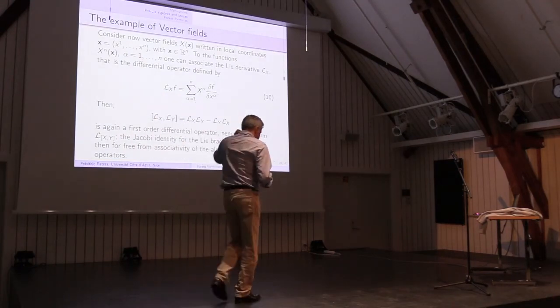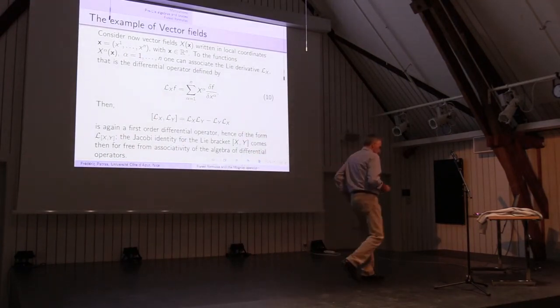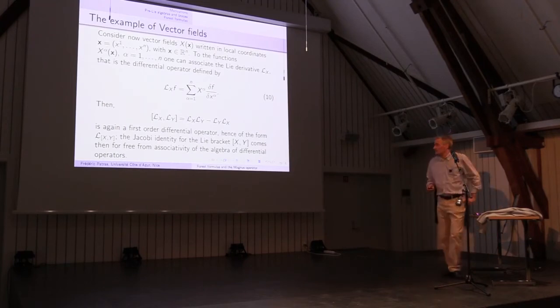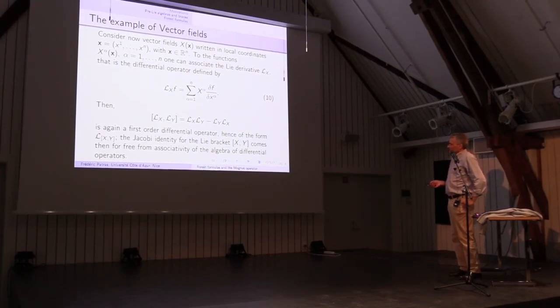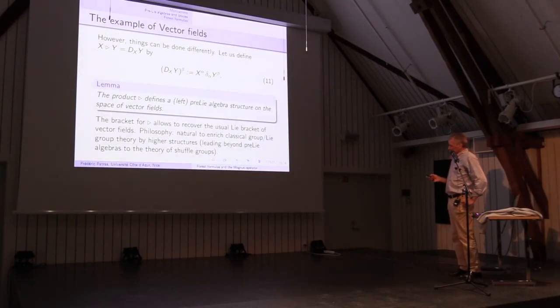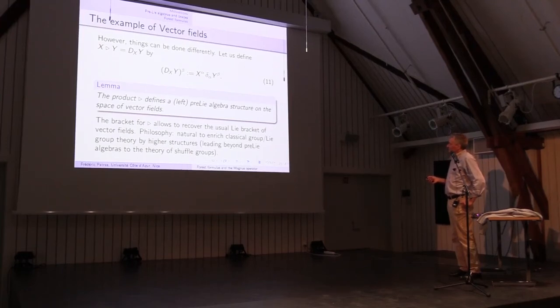So one of the reasons why Pre-Lie algebras are important and appear everywhere is that they are closely related to the notion of bracket of vector fields. As you know, you can define the bracket of two vector fields in the usual way, but there's a different way to do it, which is to apply the differential operator associated to a vector field to the components of the other vector field.